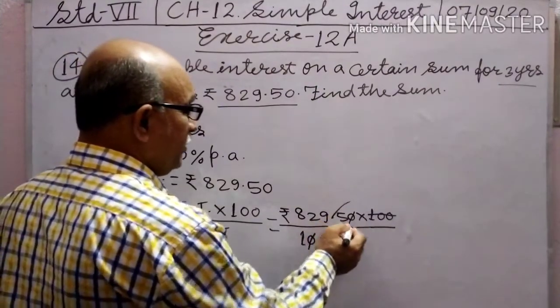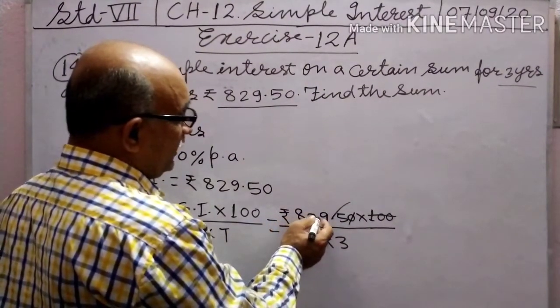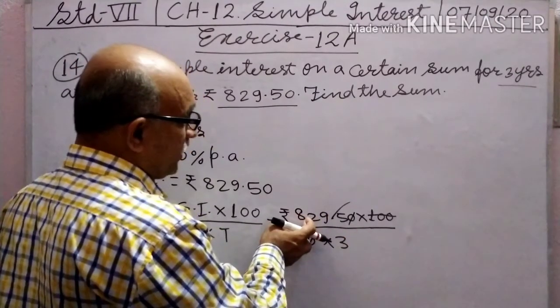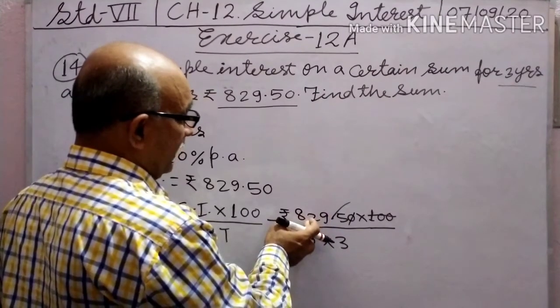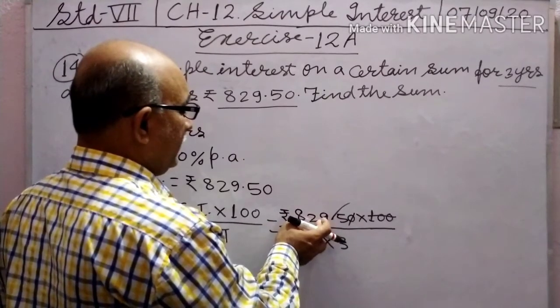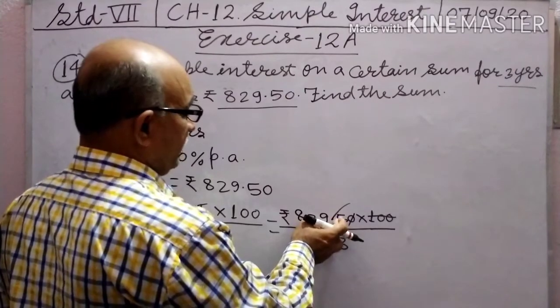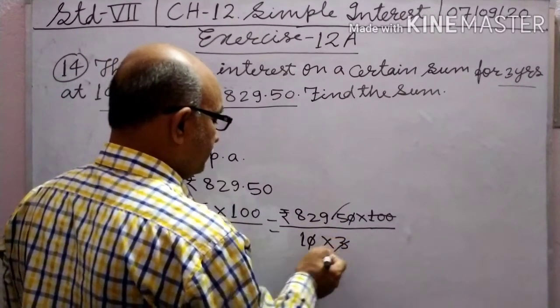Now 0 to 0 cancel. 8,295 is divisible by 3 because 8 plus 2 is 10, 10 plus 9 is 19, plus 5 is 25. Wait, it is divisible by 3.